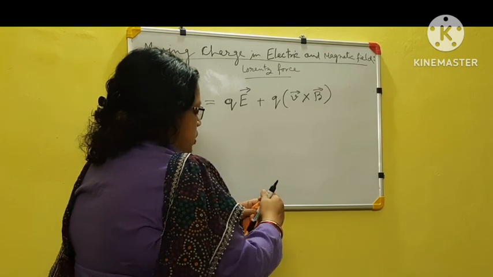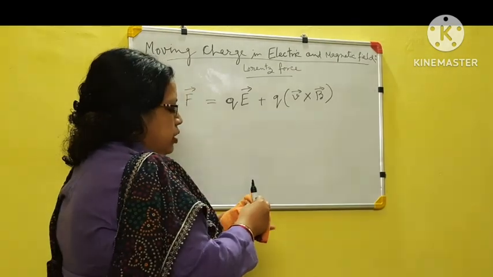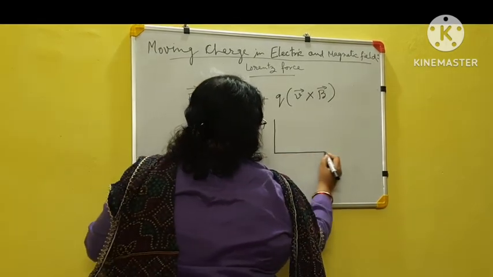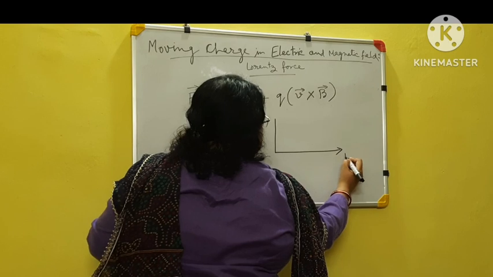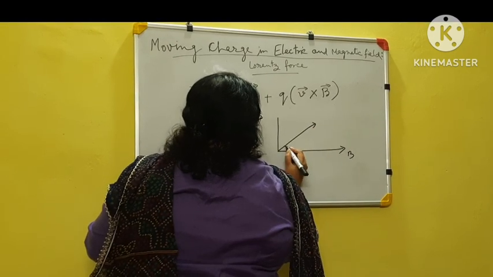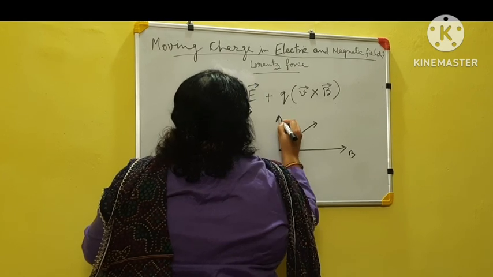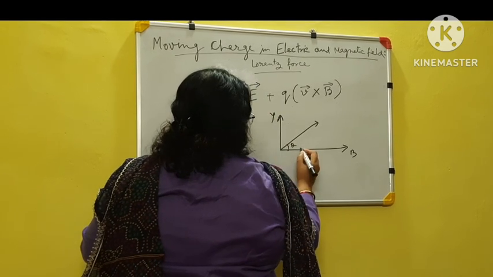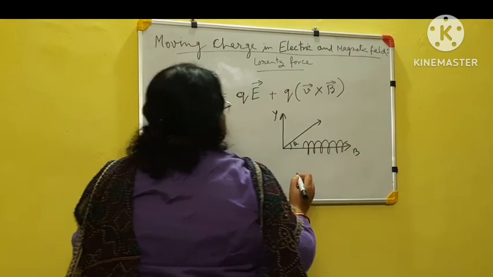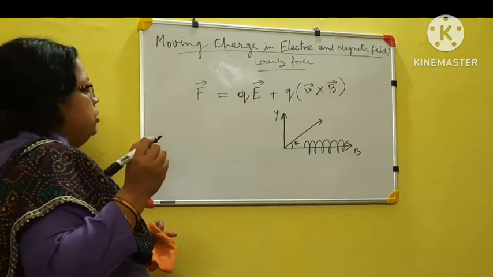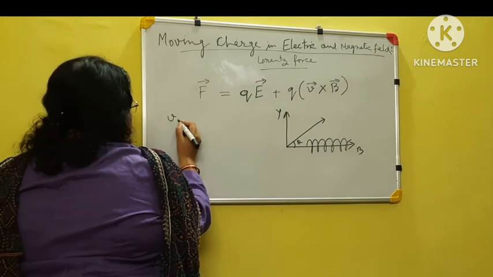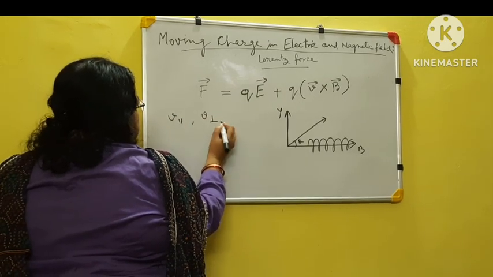Now it will evolve a helical path. V is in this direction, the angle is theta, and the particle will move in a path in this way.